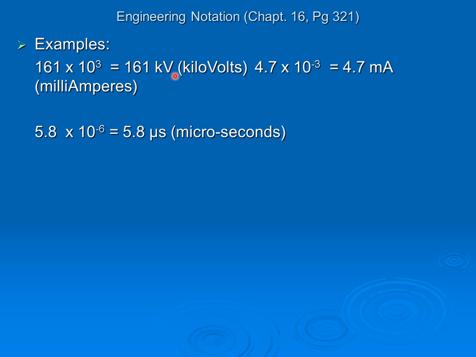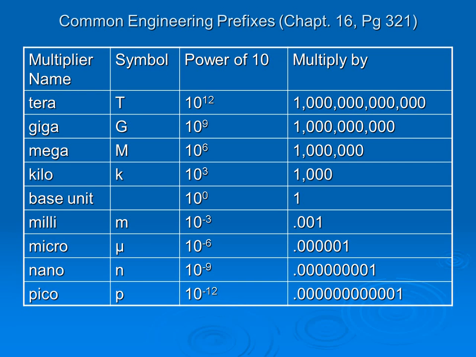So let me show you the whole picture now. Here, this is the base, which is 10 to the power 0. On the positive side, 10 to the power 3 is kilo, 10 to the power 6 is mega, 10 to the power 9 is giga, 12 is tera. On the negative side, 10 to the power negative 3 is milli, negative 6 is micro.